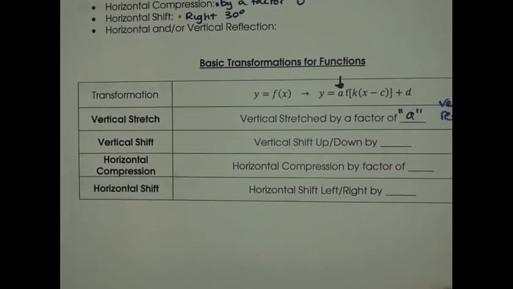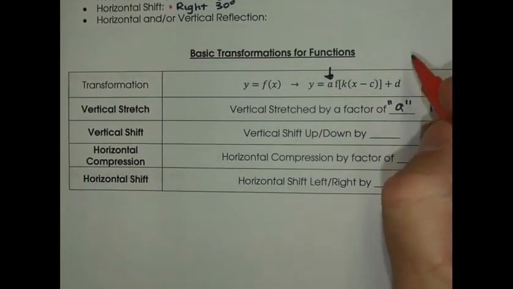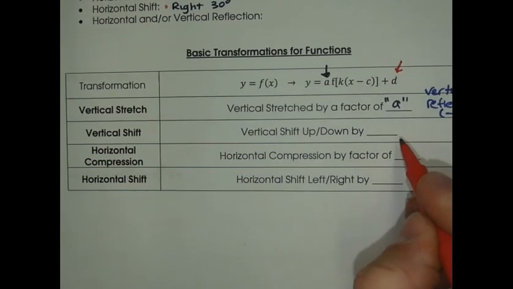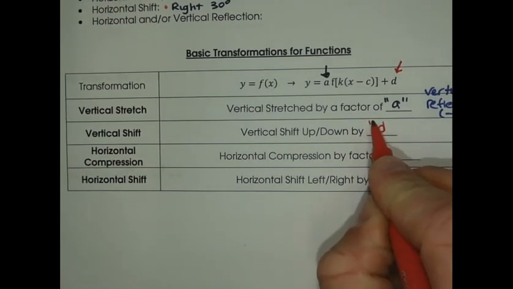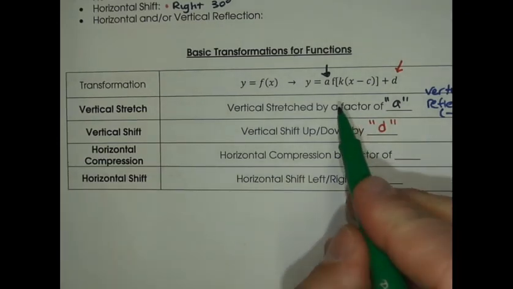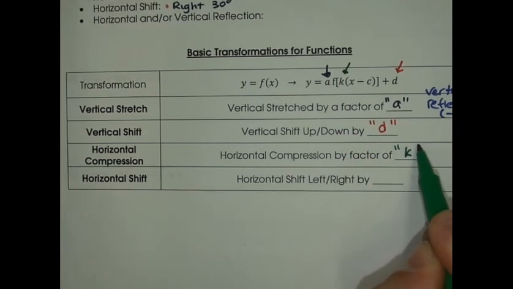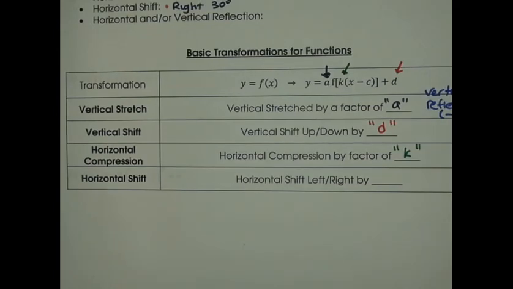If we have a vertical shift, that's on the outside here, we're moving this up and down by D. That's nothing crazy. We've seen that before with the vertex. We've seen it with the trig. And we have a compression of K. So whatever that K value is, that will tell us how far to shrink it.